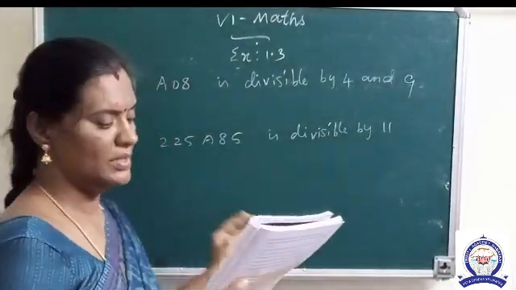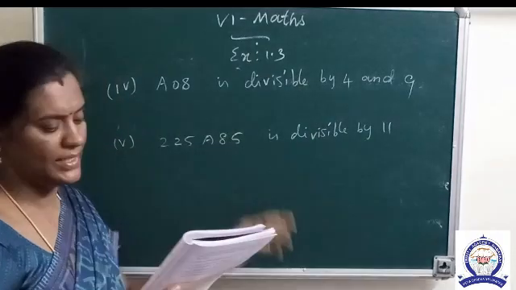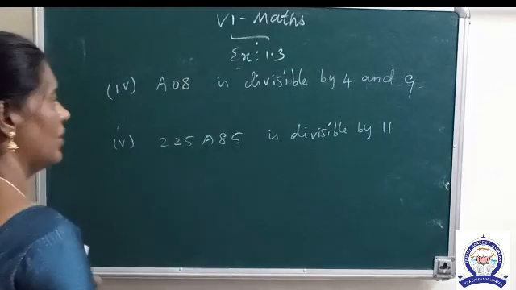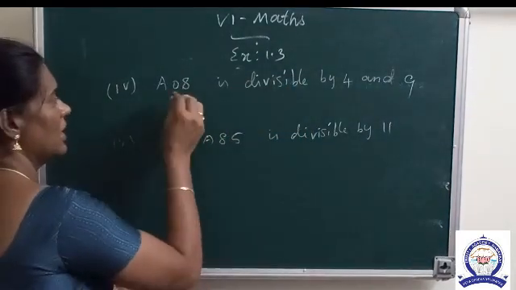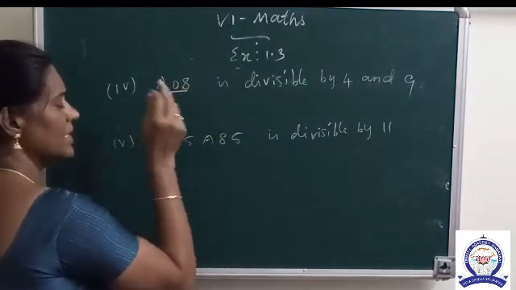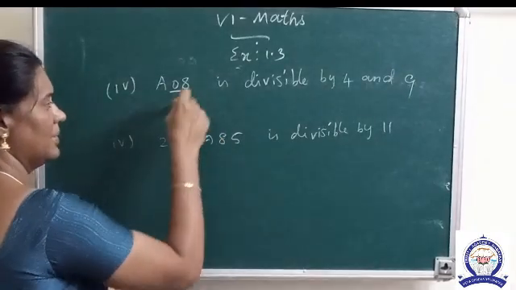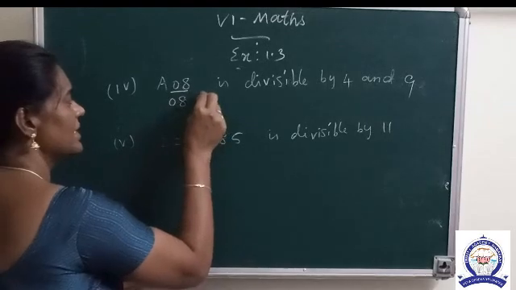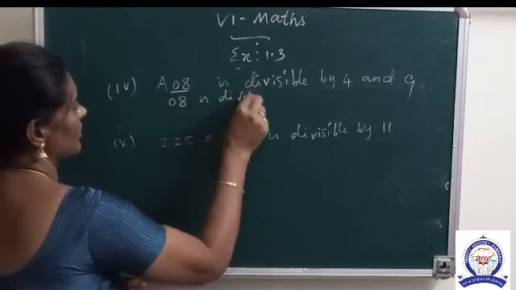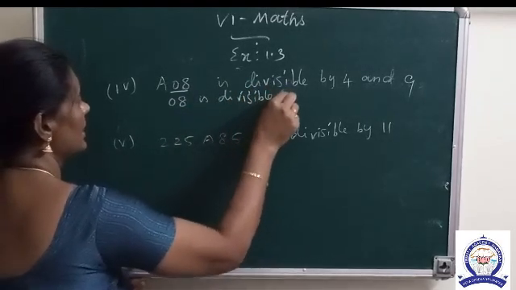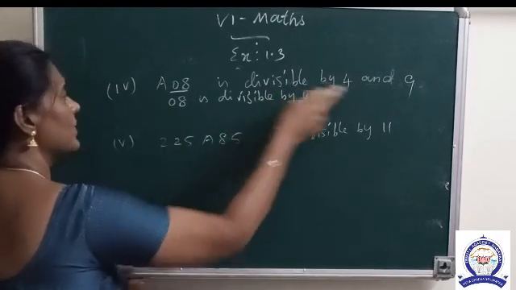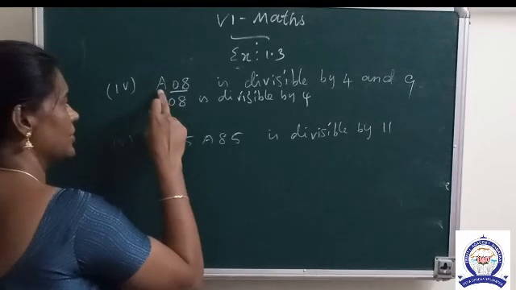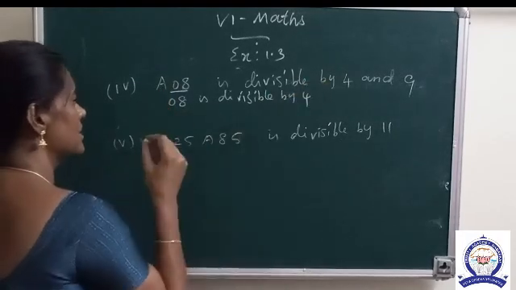See the next one. The number A08 is divisible by 4 and 9. See, what is the rule for divisible by 4? The last two digits are divisible by 4, then the whole number is divisible by 4. Here the last two digits, 08, are divisible by 4. Now we check what value we substitute for A so the number is divisible by 9.